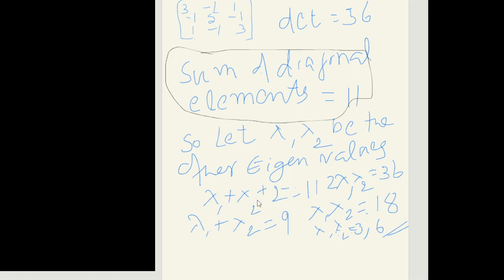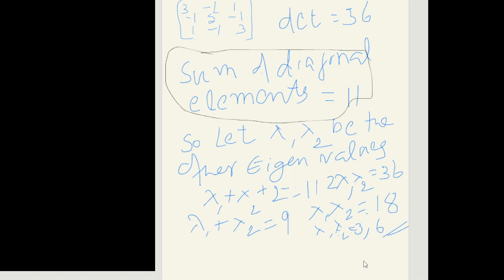So lambda 1 plus lambda 2 plus 2 is equal to 11, and the product of the eigenvalues is the determinant of the matrix. So 2 times lambda 1 times lambda 2 equals 36. From the first equation, lambda 1 plus lambda 2 equals 9, and from the second, lambda 1 lambda 2 equals 18.